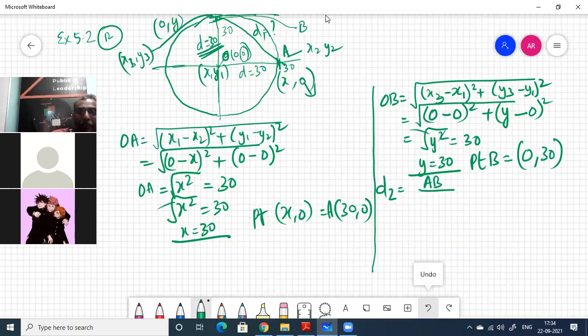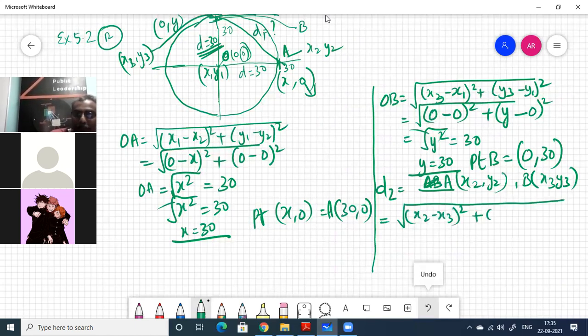Point A and B. A is x2, y2 and B is x3, y3. So you have to find the distance: x2 minus x3 the whole squared plus y2 minus y3 the whole squared.